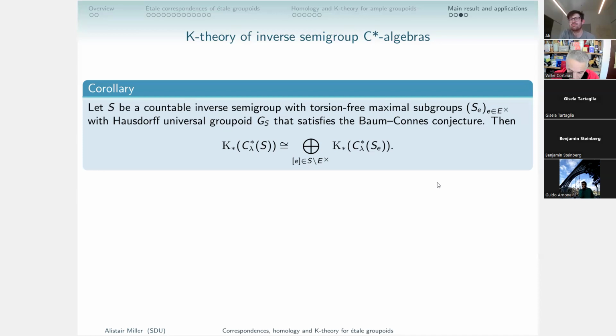But if I want to repeat this for groupoids, and my groupoids are ample, right? So the space is totally disconnected. And then if I look at spaces over it, especially if they are étale over it, they will also be totally disconnected, right?